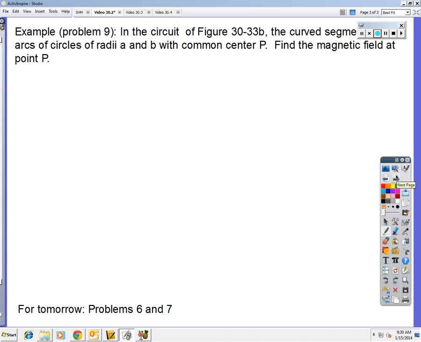And an example here, this is problem 9. I'll draw that figure. What we've got is a current loop. Looks like this. Carries current I in that direction. We're trying to find the field at point P. That angle is theta.